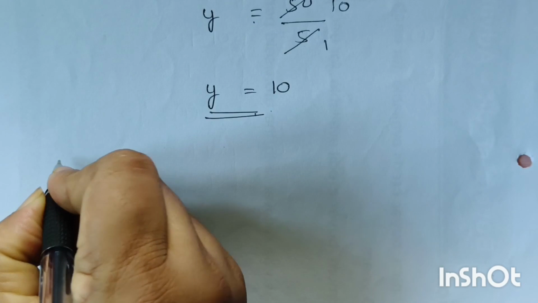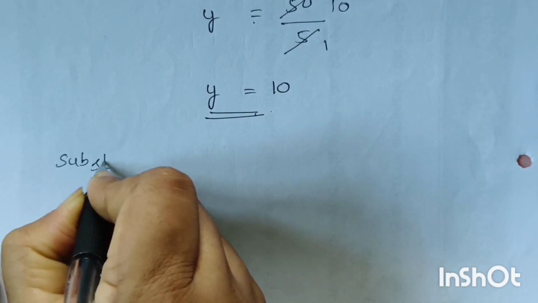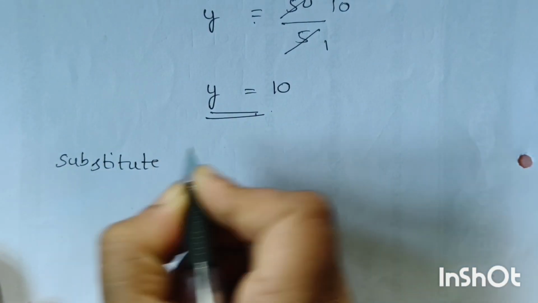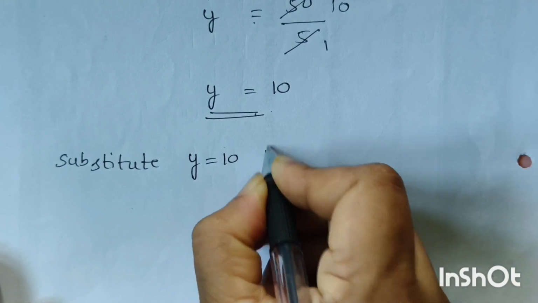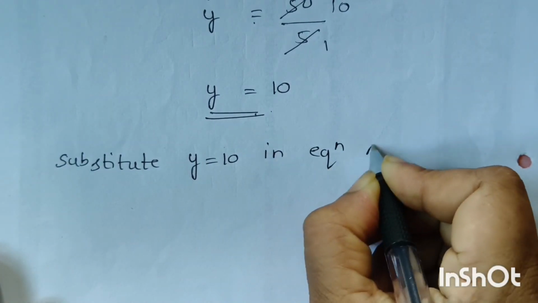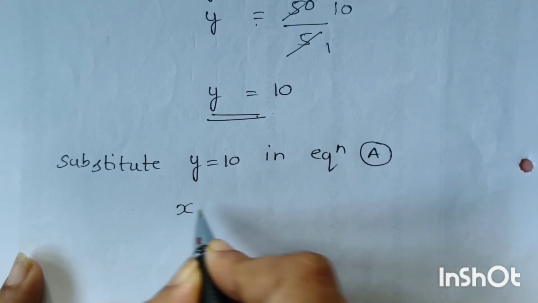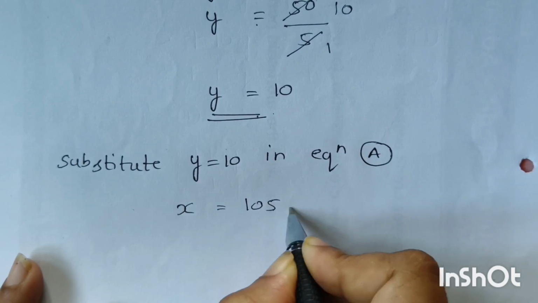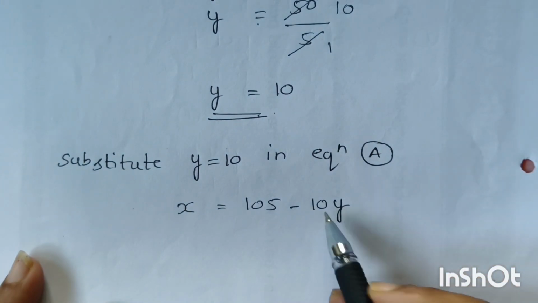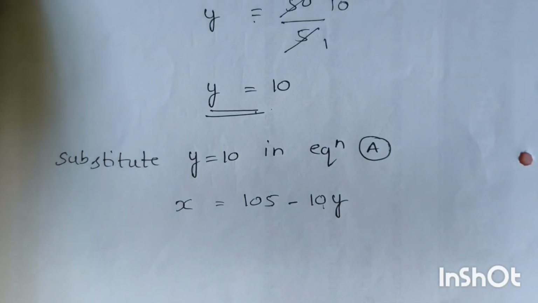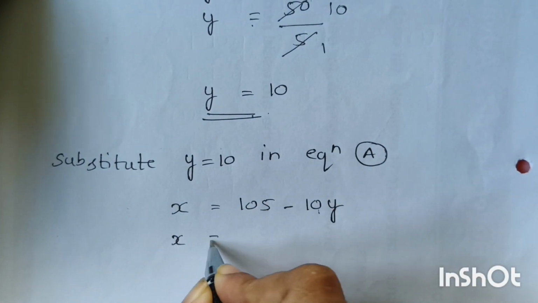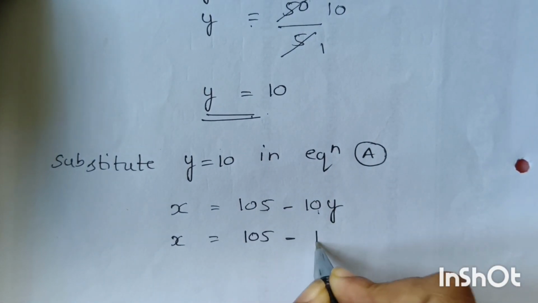Substitute y is equal to 10 in equation A. That is x is equal to 105 minus 10 into y. That is our equation A. X is equal to 105 minus 10 into y.